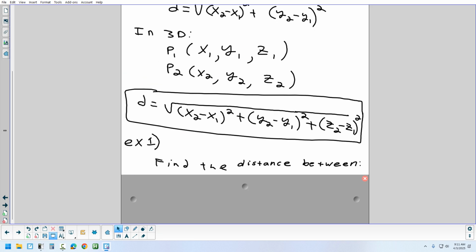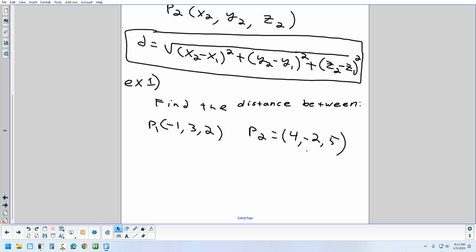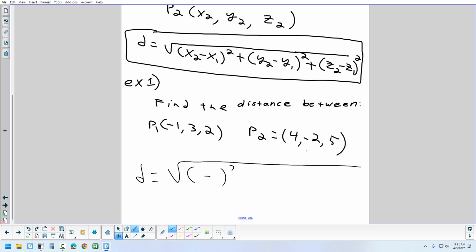All right, so let's try to find the distance between those 2 points. So what I would do is set everything up first. So you got everything written down that you need for your formula, and now we'll fill it in. Okay. What am I going to fill in my first parenthesis?